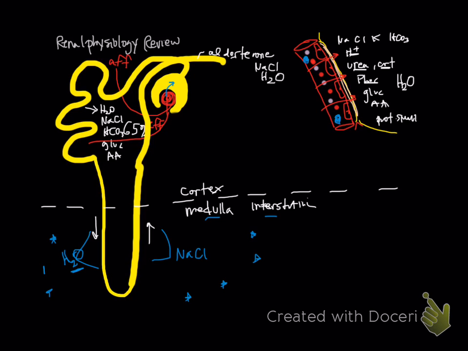Now, many distal convoluted tubules eventually join up, and they enter into what's called the collecting duct. And so these are little areas where other distal convoluted tubules are feeding in. And within the collecting duct, ADH exerts its effects.